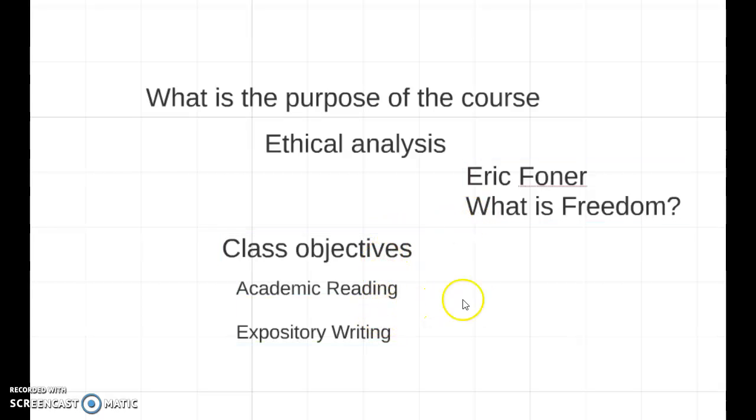The class objectives, which really come down to your grade in the class and how well you're successful, are academic reading on parts of the chapter, knowing the chapter overall but also some specific details of it, and being able to answer your short answer expository writing. In a few seconds, I'm going to run through Blackboard and show you what last spring's class was like, so you can see how you would navigate this class.